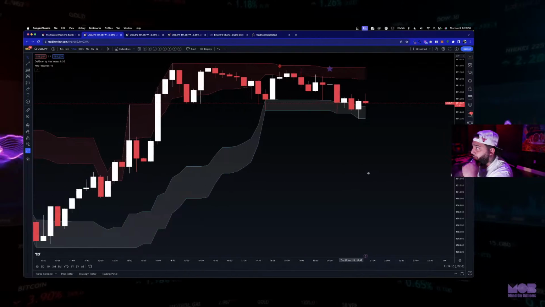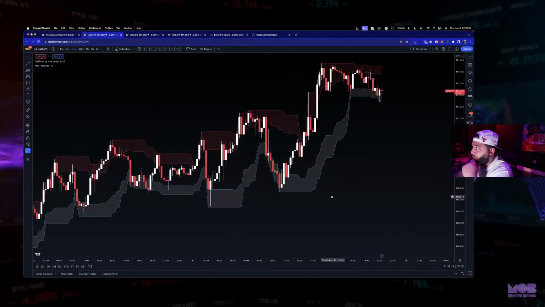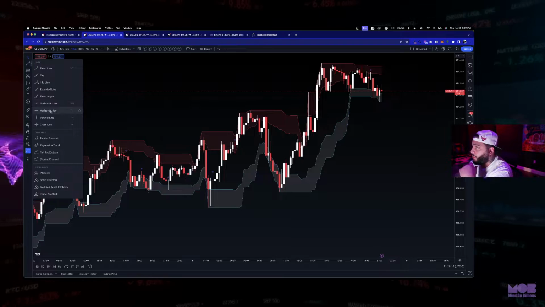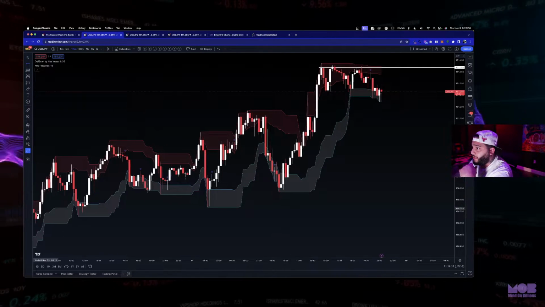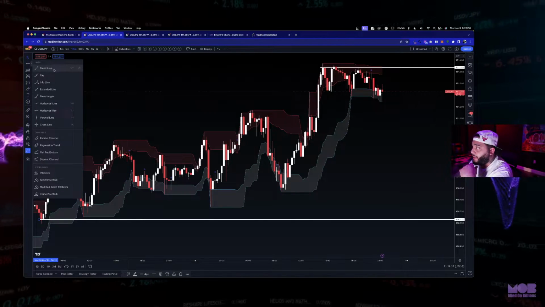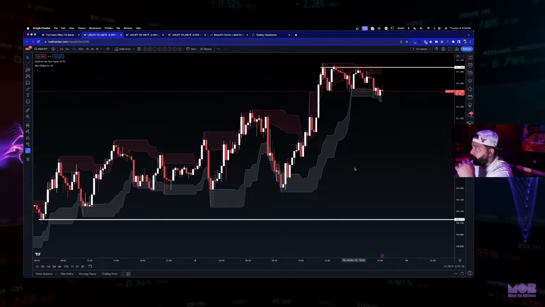So the ideal thing would be to combine your SRTs with this, support resistance trend lines. You guys already know how I like to do. I like to use my horizontal ray to mark up my highs, to mark up my lows, to mark up my trend lines, to mark anything that I think is worthy of note.